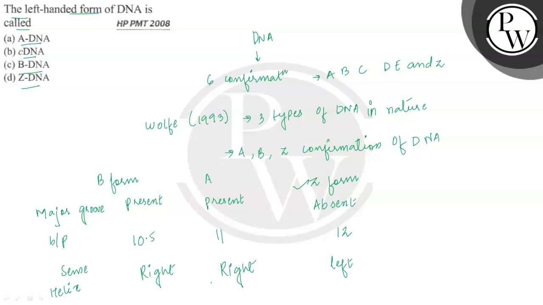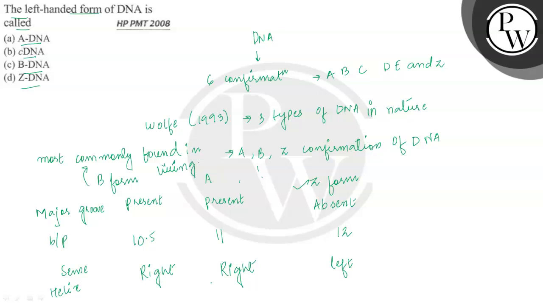It is left-handed helical structure that is seen of DNA. Now, B form is the most commonly found in living organisms.